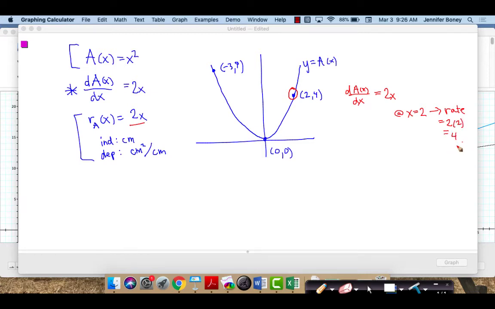Same number, but this 4 is talking about square centimeters in area per centimeter side length. This is talking about, when the side length is 2, the area is 4 square centimeters. To make this point, look at this over here. If I'm looking at this point, still the same function for the rate of change of area with respect to side length, at x equals -3, the rate is supposed to be 2x, right?